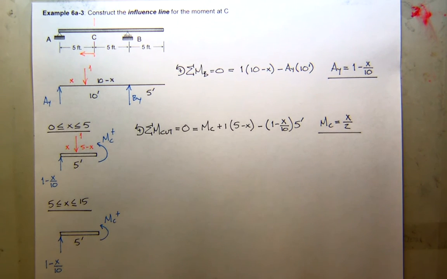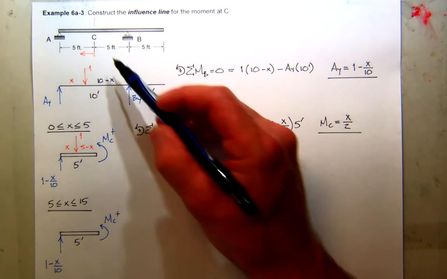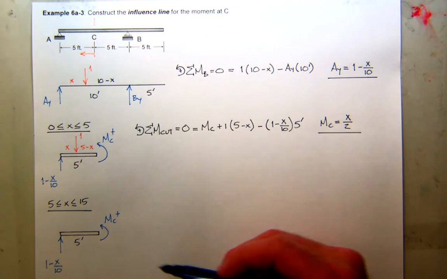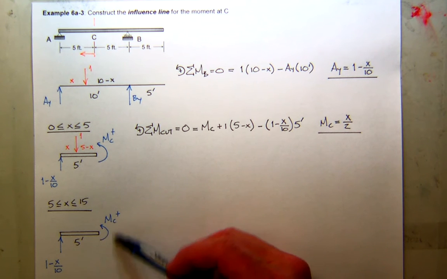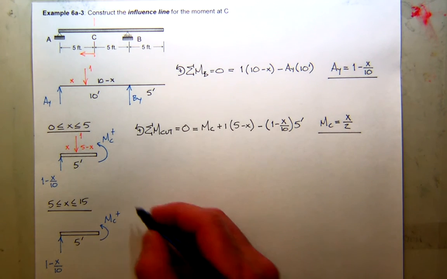What's changed? The unit load, which was somewhere between 0 and 5, is now between 5 and 15, so it's not on this free body. All right? So I sum moments here.